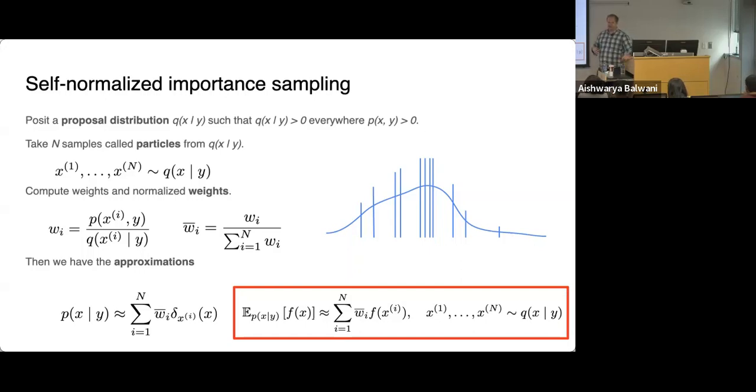And if you recall from yesterday, we argued that a lot of what we're trying to do in Bayesian inference boils down to approximating expectations under posterior distributions. That's exactly what you can do with methods like these. You just take a weighted sum of particles, and if you want to compute the expectation of f of x, well, it's just a weighted sum of f of x_i at the locations of your particles.